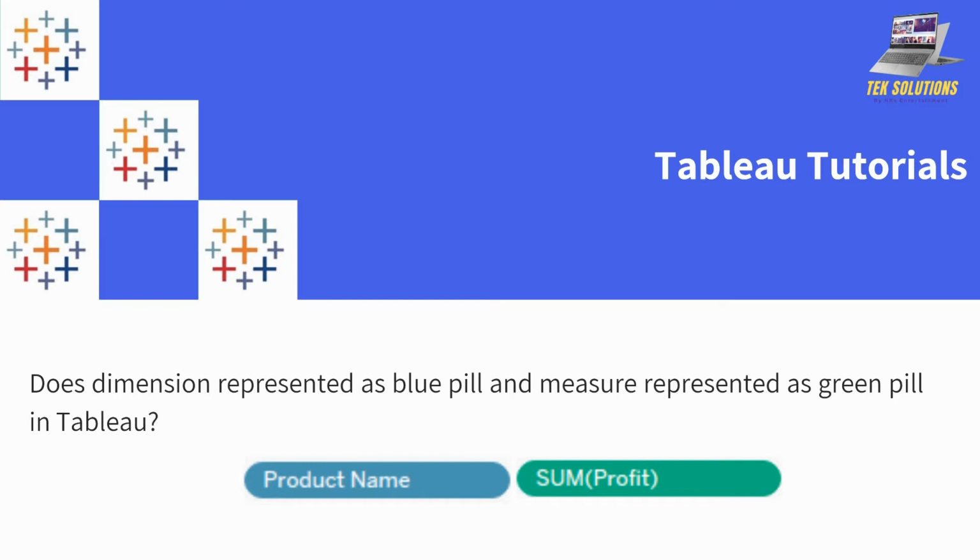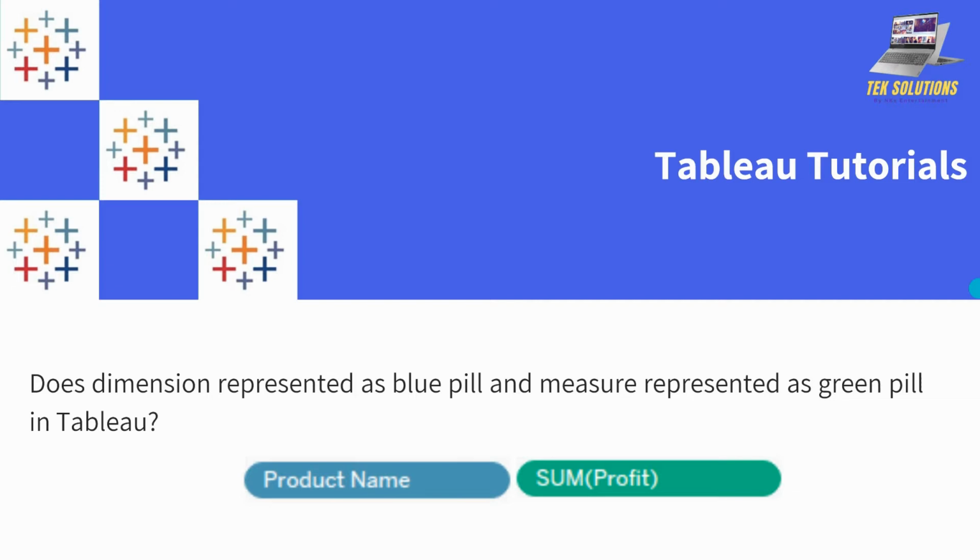But there are some dimensions which are represented as green pill as well, because those are continuous dimensions. In that case, our theory of representing the dimension in blue and measure in green fails, and that is the reason I said that the answer is yes and no.